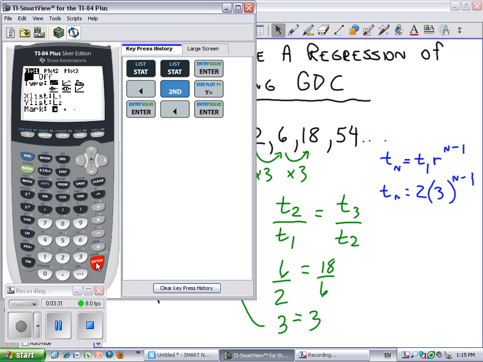I have the X list is list 1, the Y list is list 2. So everything is where I need it. So now I go to the zoom key, press zoom, and scroll down to the command ZoomStat, number 9, press enter, and you'll see that scatter plot graphed.